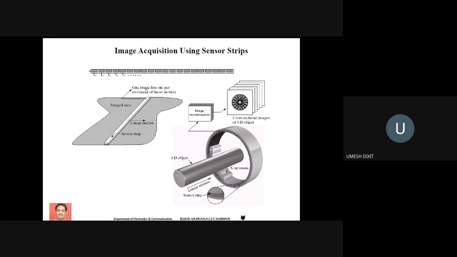Movement of the sensor will produce the image in one direction, and movement of the film perpendicular to the sensor will produce the image in the other direction.